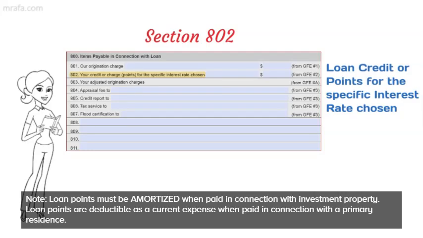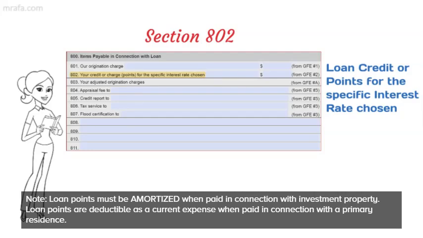However, if you calculate that $30 a month over a 30-year loan, you are actually saving at least $10,000 over time. So that $2,000 in return for that lower interest rate is really very helpful.